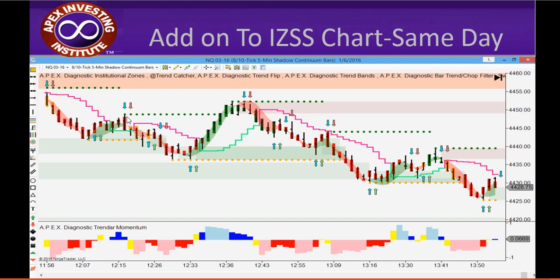My initial stop is at the swing high, unless the trend flip is already formed. As soon as the trend flip is formed red, the trend flip line is my stop. So I'm going for 10 ticks, but I'm probably only risking 10, 12, 15 ticks on my stops. It's a very good risk to reward ratio.